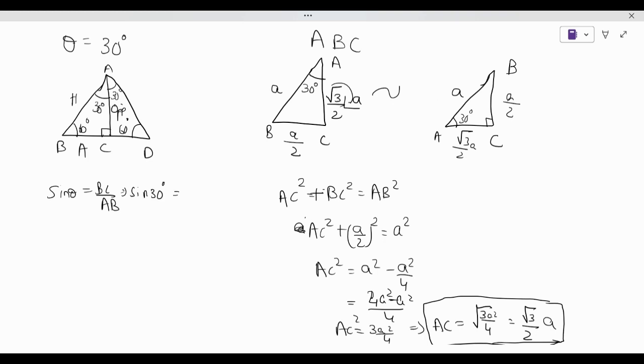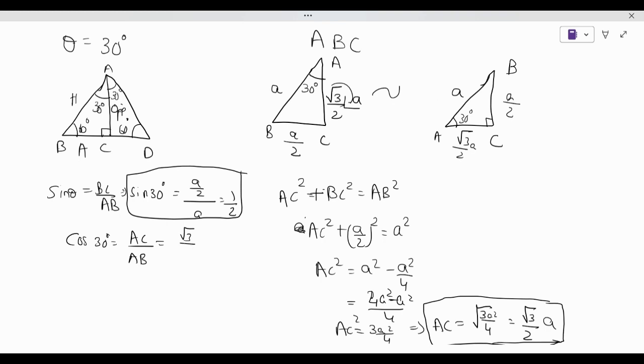So BC will be A by 2 by hypotenuse A, equal to 1 by 2. This is sine 30. Similarly, cos 30 equal to AC by AB, which is equal to root 3 by 2A by A, which is equal to root 3 by 2.